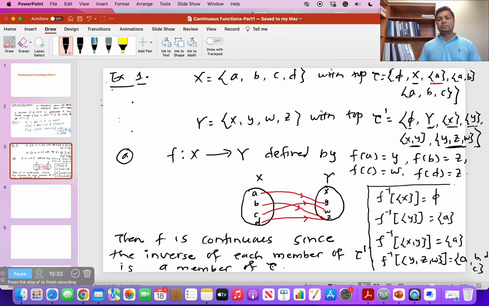That means the inverse image of each element in tau prime is going to be one of the elements in tau. That's why our function f is continuous.